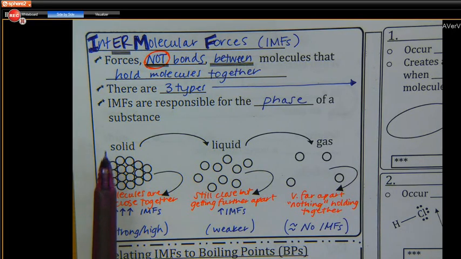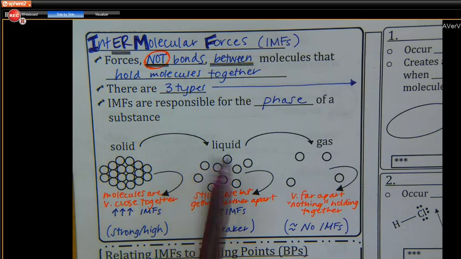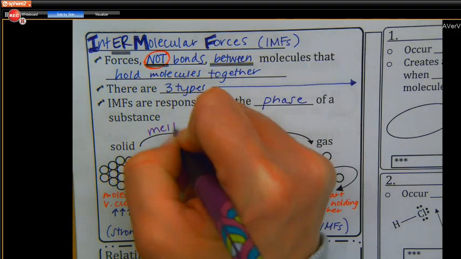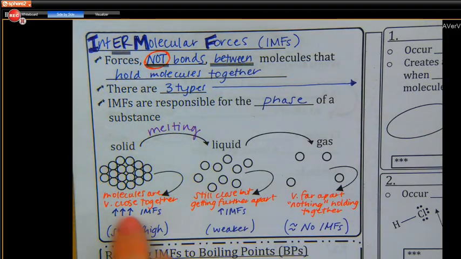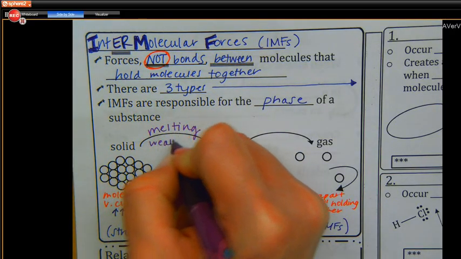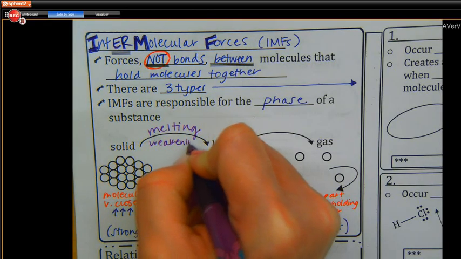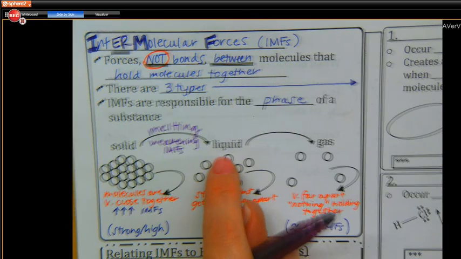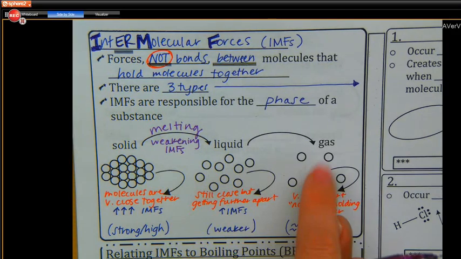The next thing we need to figure out is what are the different types, okay? So you'll notice here in the center, we've got kind of an arrow pointing down. There are 3 different types of intermolecular forces, 1, 2, and 3. The one up here at the top is our weakest.